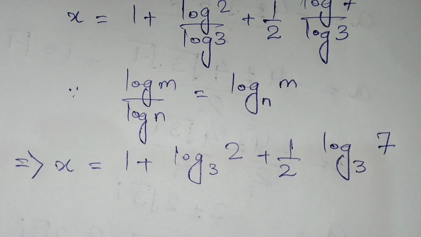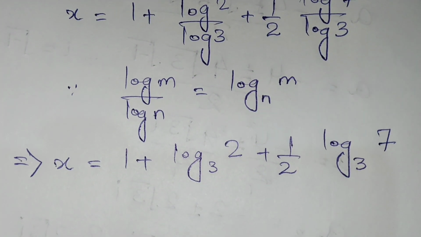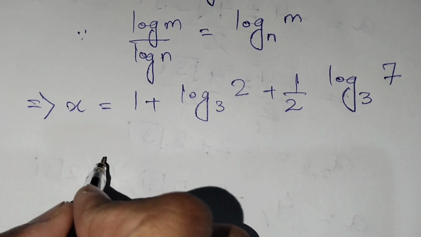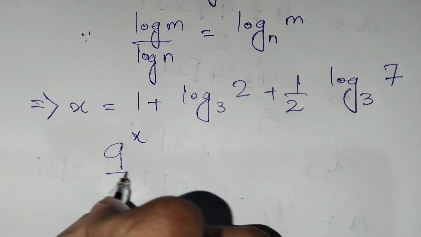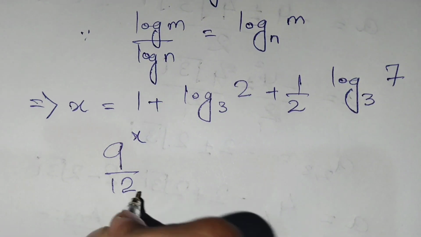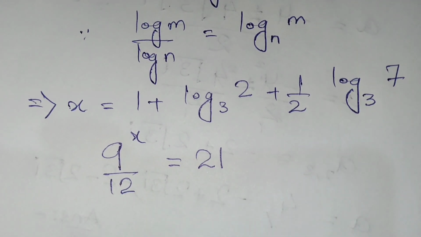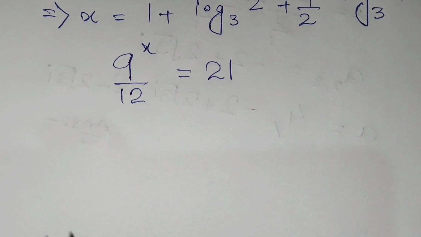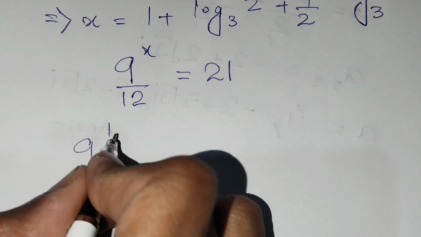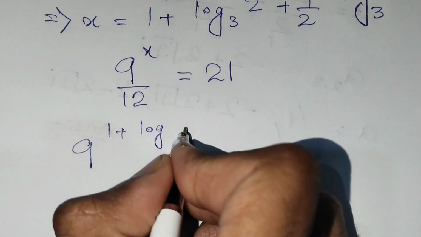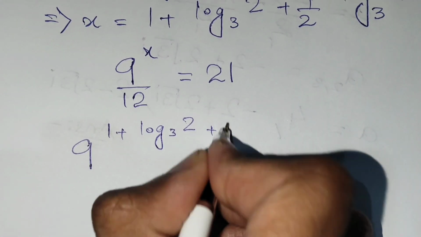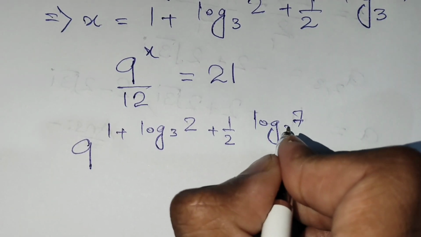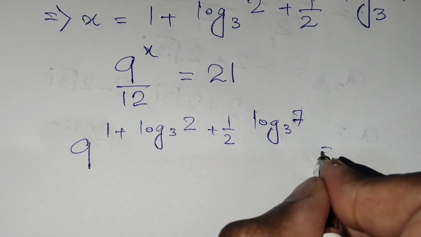Now we will verify this value of x by putting it back in our given equation, which is 9 power x over 12 equals 21. Now put the value of x here: 9 power 1 plus log of 2 with the base 3 plus 1 by 2 log of 7 to the base 3, over 12, equals 21.